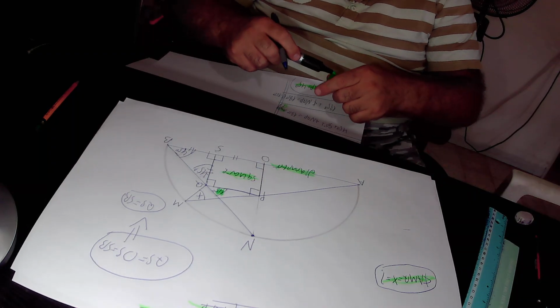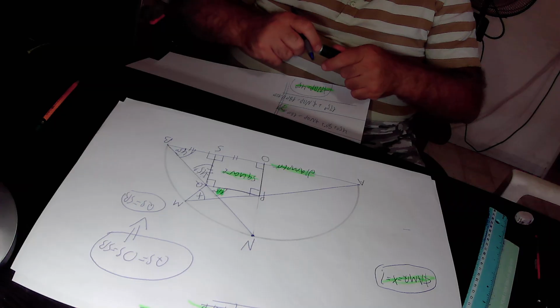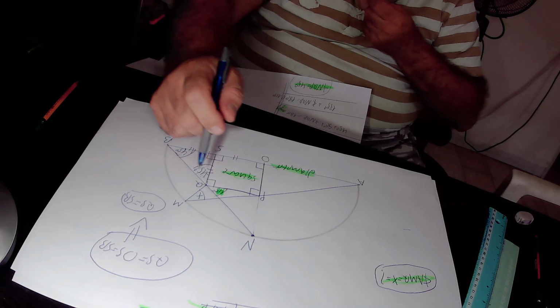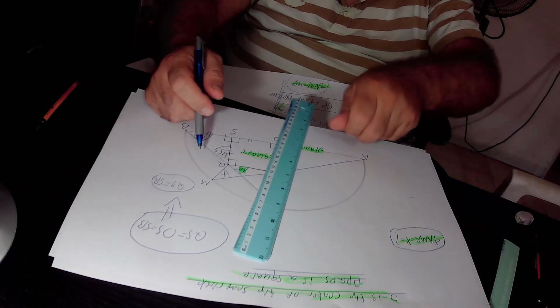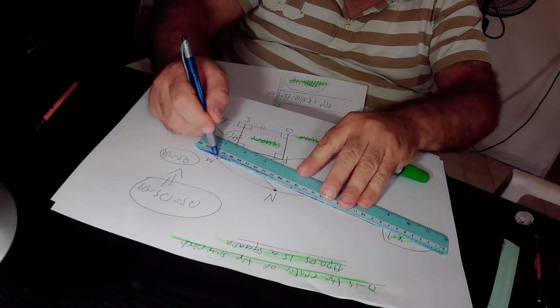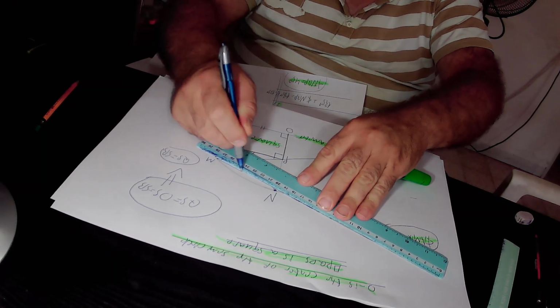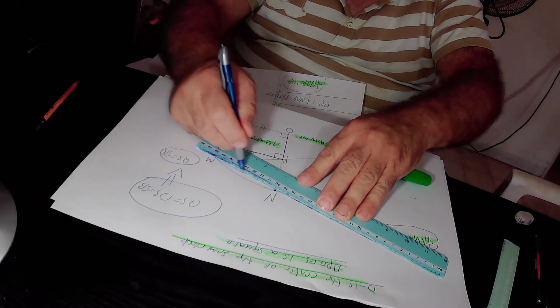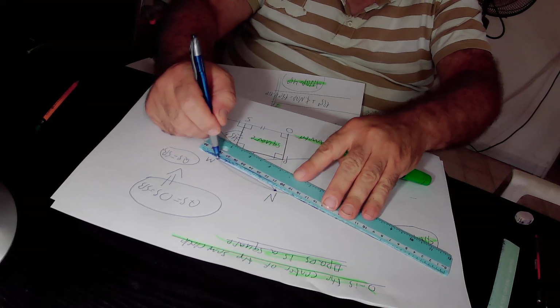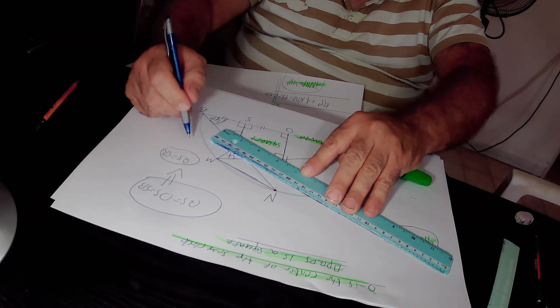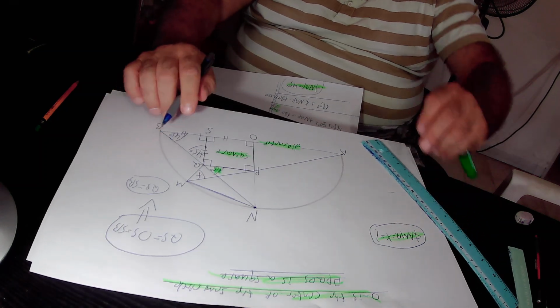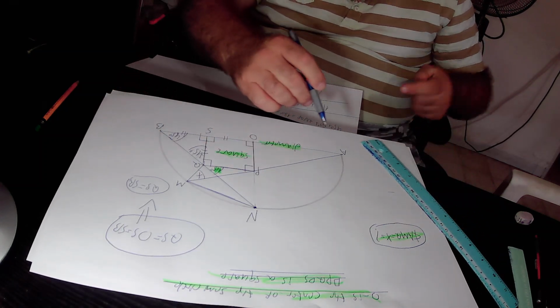In the next step, we join points N and M together by a straight line. And we join points N and A together by a straight line.